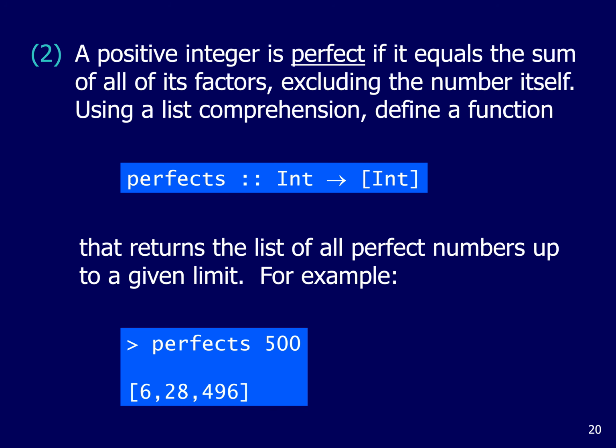If we exclude the number itself and add up the other factors, 1, 2, and 3, then we get the original number. So 6 is a perfect number, turns out 28 is a perfect number, and 496 is a perfect number as well. What you've got to do here is, using a list comprehension, define a function that returns all the perfect numbers up to a given limit. So for example, these are all the perfect numbers which are up to 500.